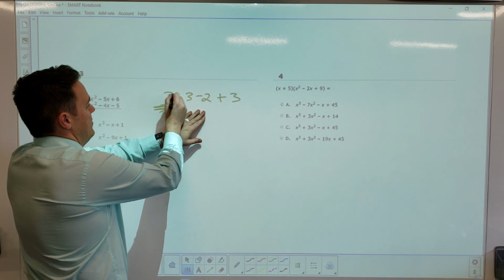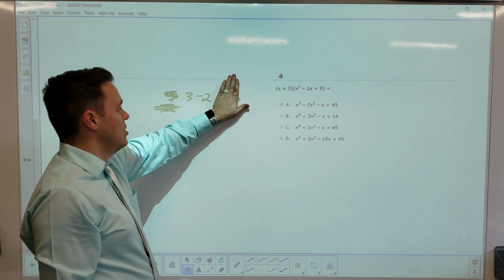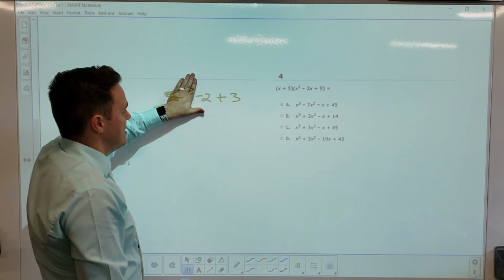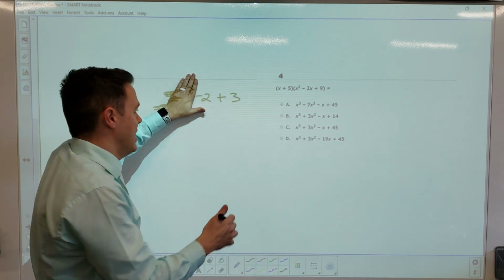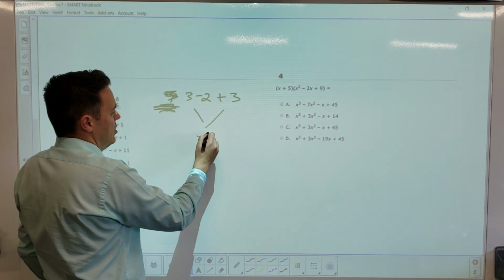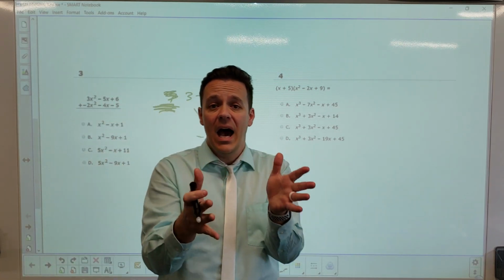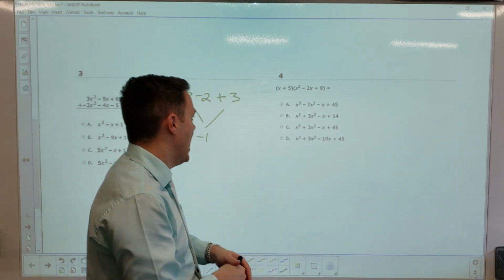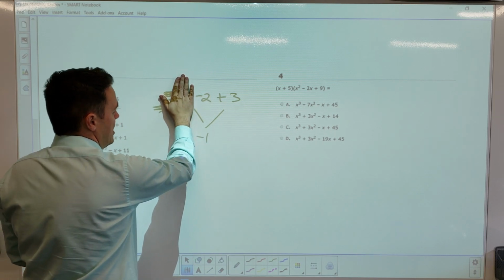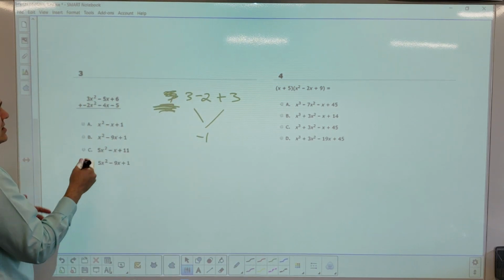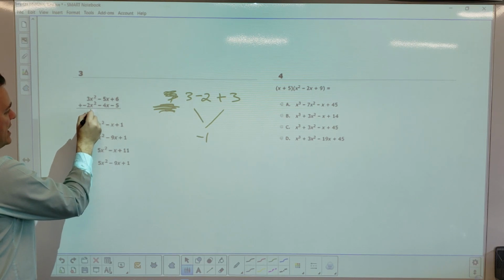So if I said 3 minus 2, I'd get one answer. And if I said negative 2 plus 3, I'd get the other answer. It's the same thing. They all equal 1. Okay, but it's how you see it in your mind's eye. Do you see it 3 minus 2 or do you see it negative 2 plus 3? That's one thing you guys need to get through and understand, okay?